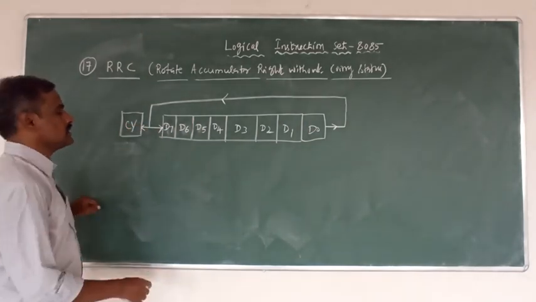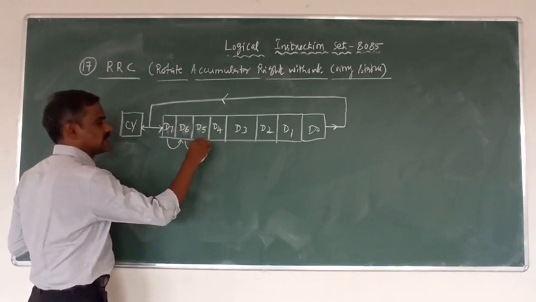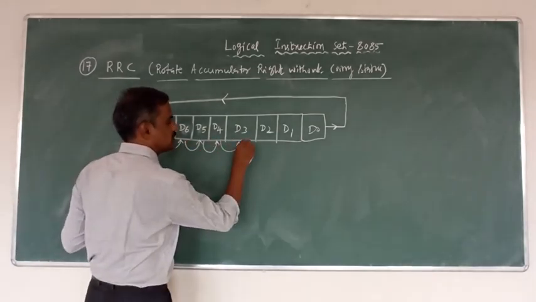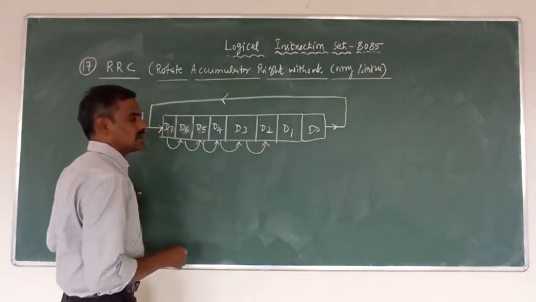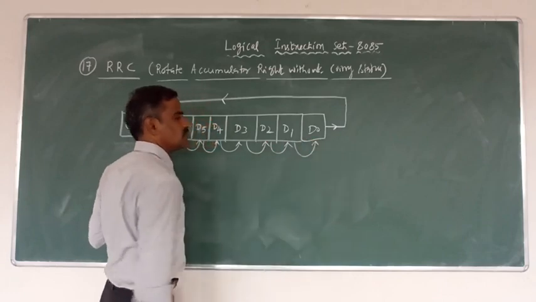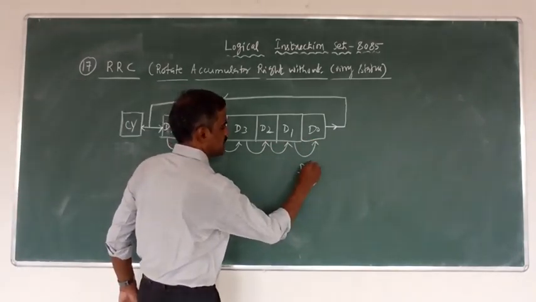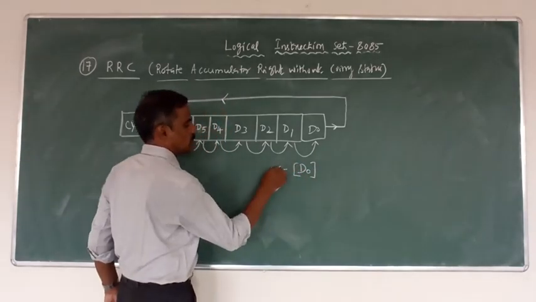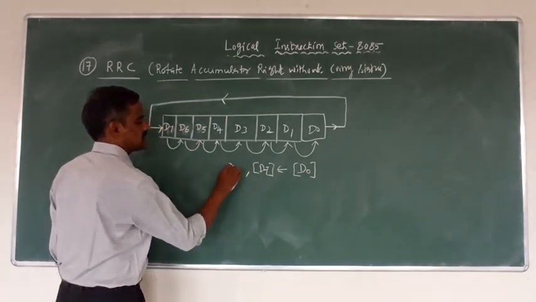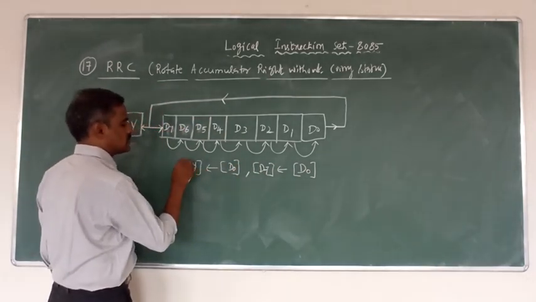Next D7 data moves to D6, D6 data to D5, D5 to D4, D4 to D3, D3 to D2, D2 to D1 and D1 data to D0 position. The D0 data moves to D7 position as well as to the carry.